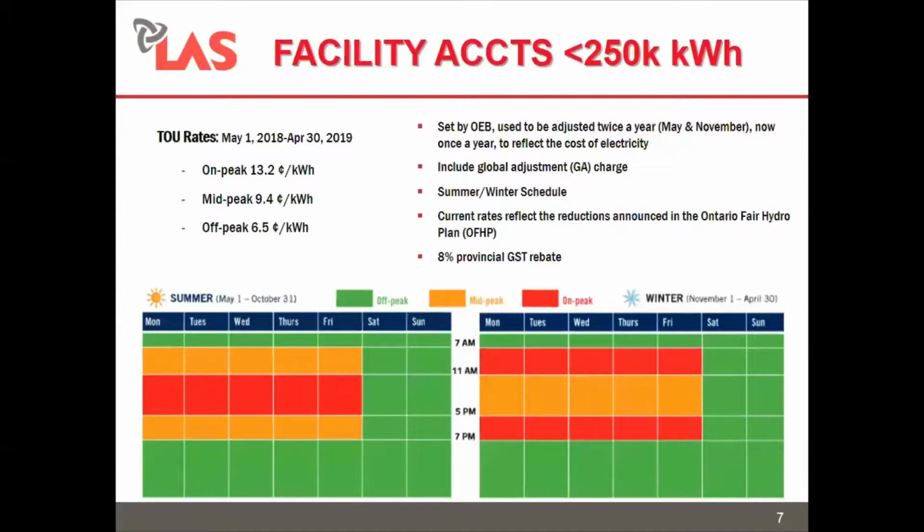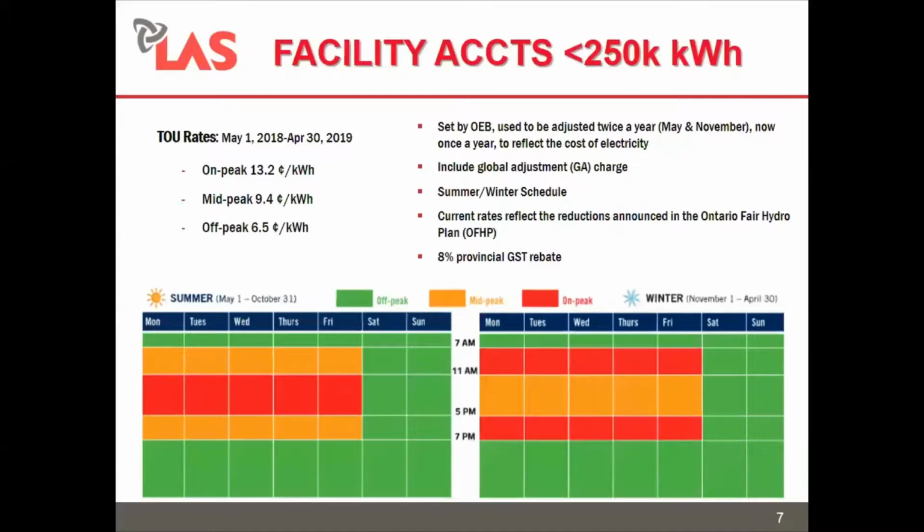And I also mentioned there's the Ontario Fair Hydro Plan implemented from the beginning of 2017. So the customer who used less than 250,000 received the 8% promotional GST, started the beginning of January 2017. That's 8%.